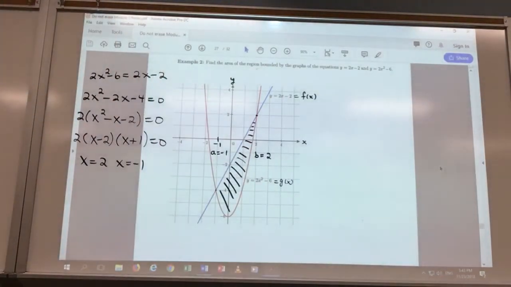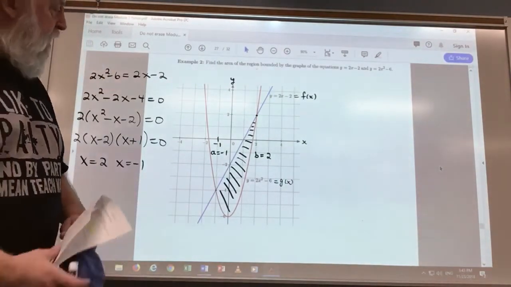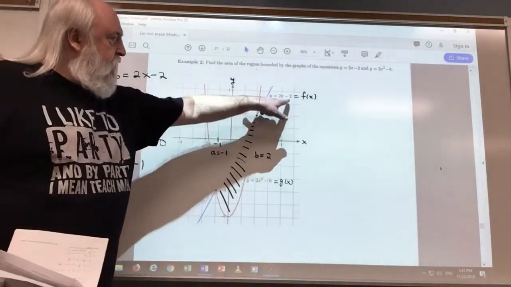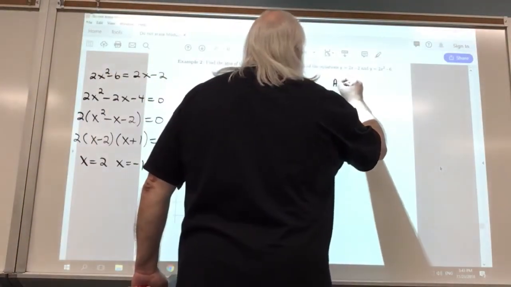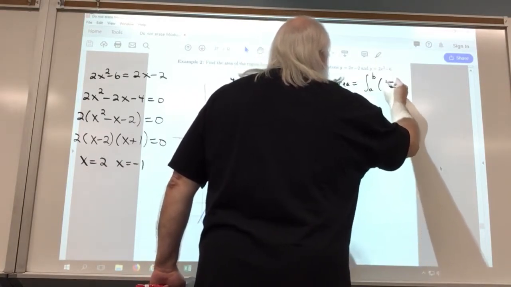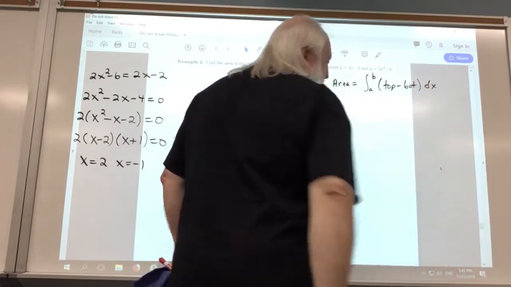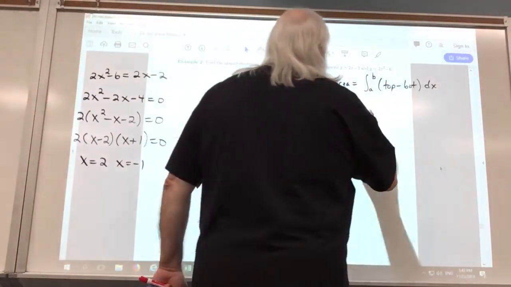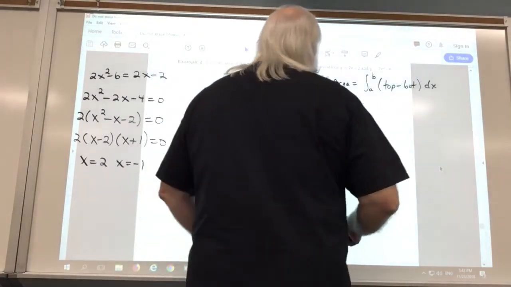To find the area sandwiched between the two functions, we take the definite integral from x equals minus 1 to x equals 2 of the top function minus the bottom function. So the area shaded in black is the definite integral from a to b of the top function minus the bottom function, or upper minus lower, it doesn't matter.